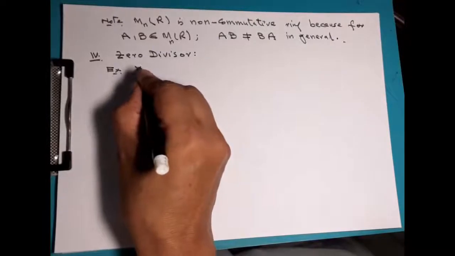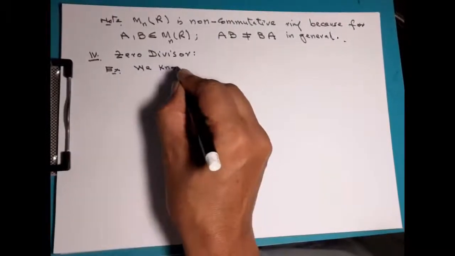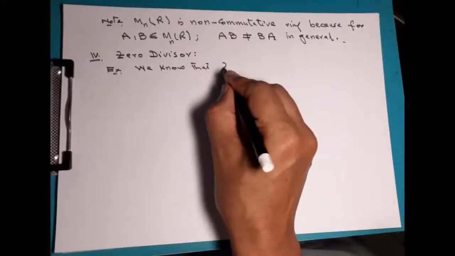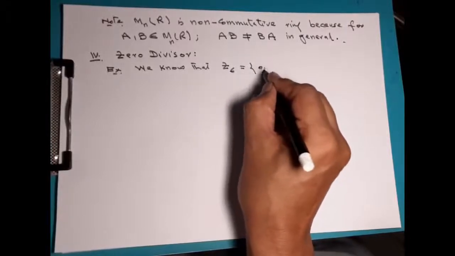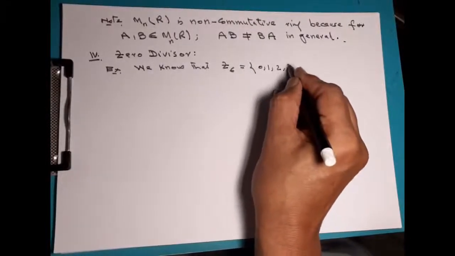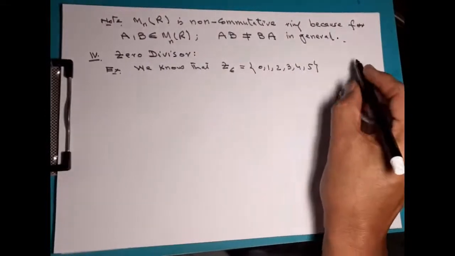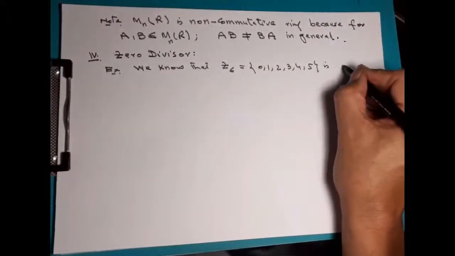We know that Z6, this is 0, 1, 2, 3, 4, 5, is a commutative ring.